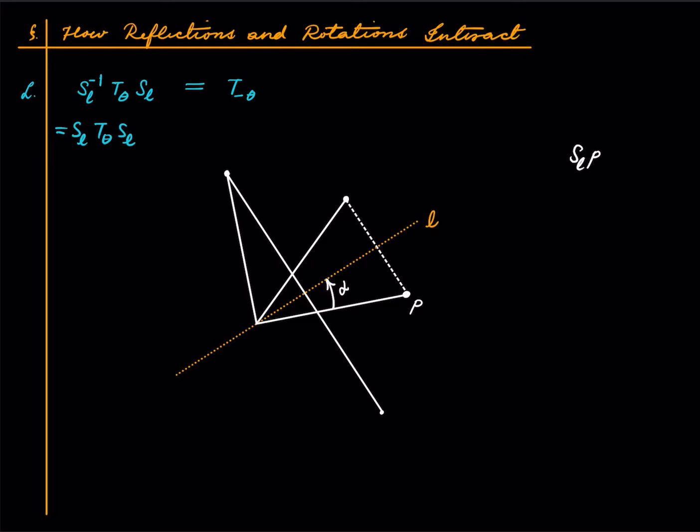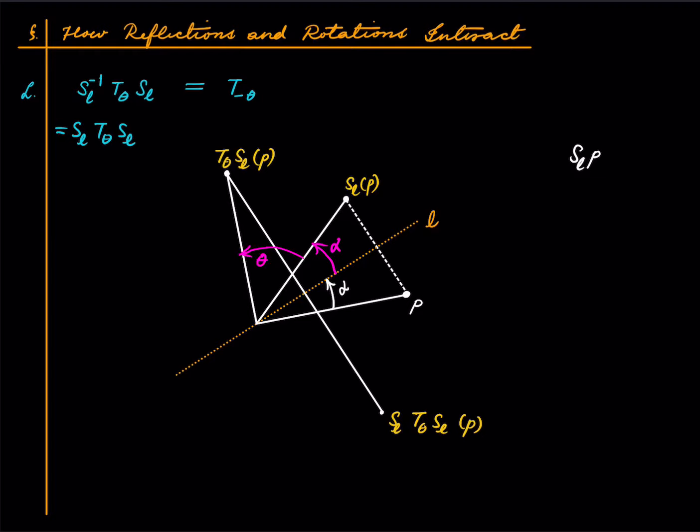So let me label all this in the figure. So this is S_L P. This is T_theta S_L P. And then this is S_L T_theta S_L P. So this angle is alpha, because if you reflect P, these two angles will be the same, so that is alpha. This is theta because we rotated by theta.